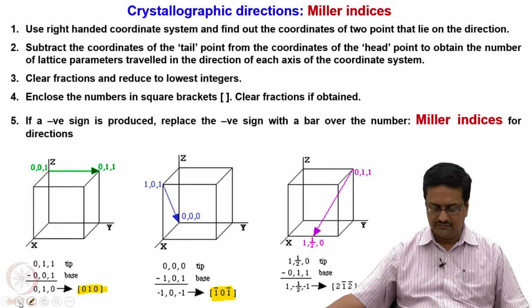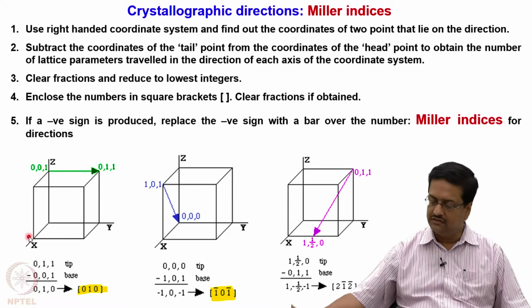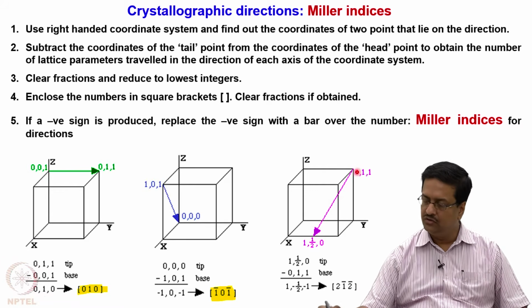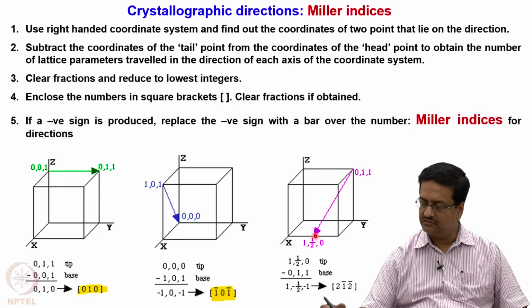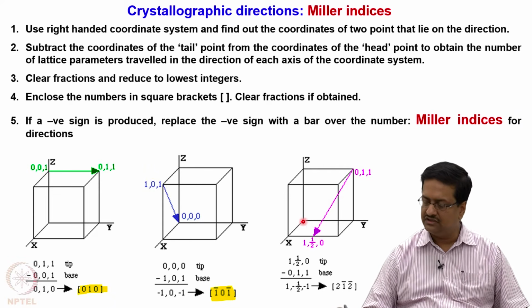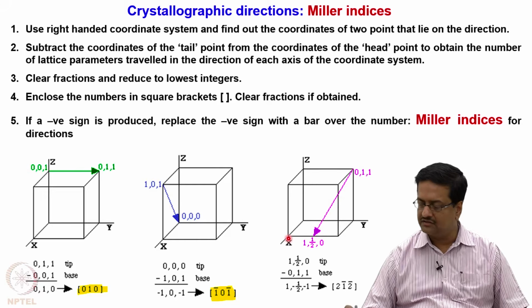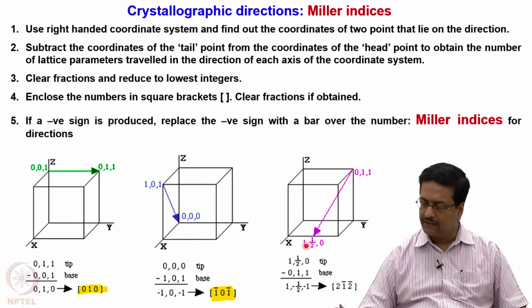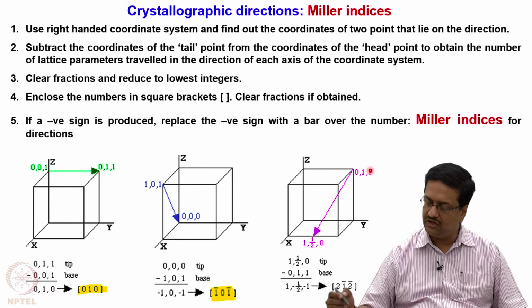In the same manner, in this case you have from 0, 1, 1, we are trying to find out the direction which is the middle point of this edge. So this is 1 along x, half along y, and 0 along z. So this 1, half, 0 is the tip and the base is 0, 1, 1.